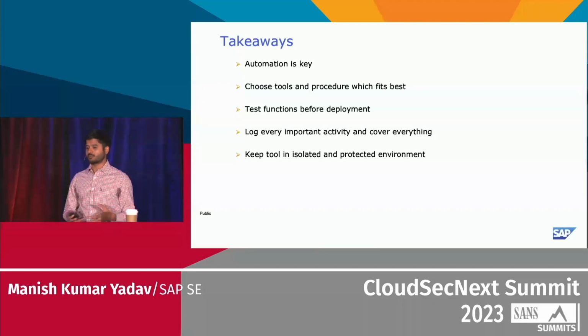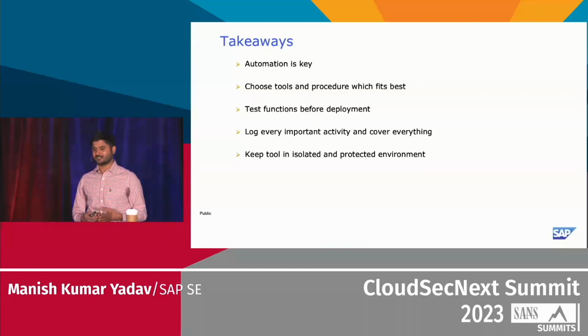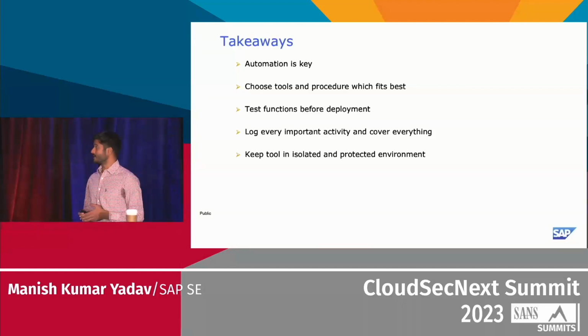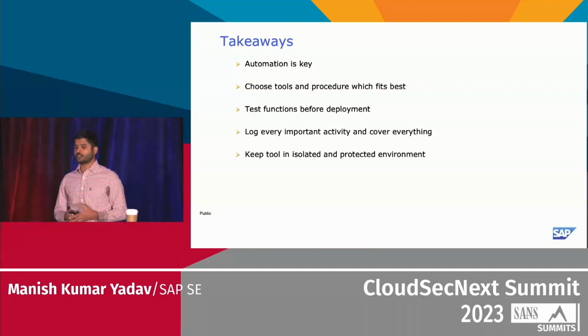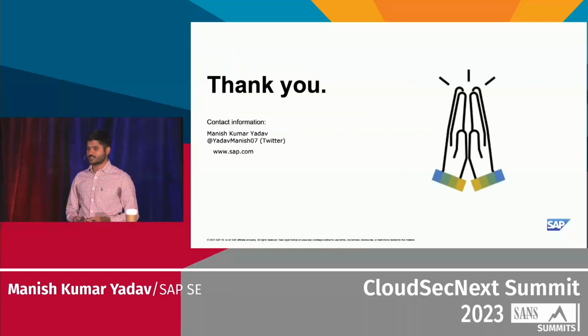You don't want to deploy it blindly, where you stop critical functions and start getting notifications saying that you're stopping the deployment. And also make sure that you keep those tools, whatever functions we are writing, in a protected environment, or maybe a separate project which is only for the security team, and don't give the other operations teams access to that. So those are all the takeaways from my side.